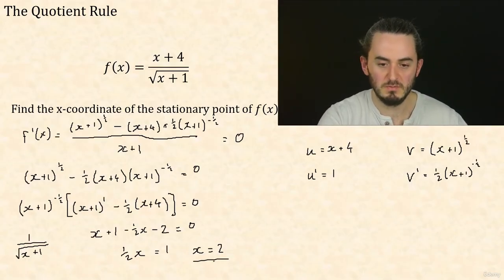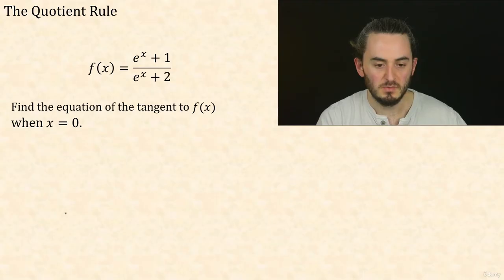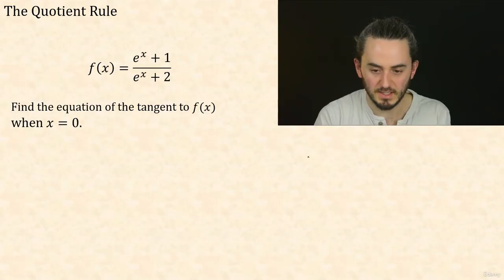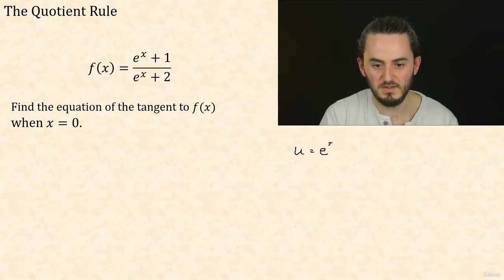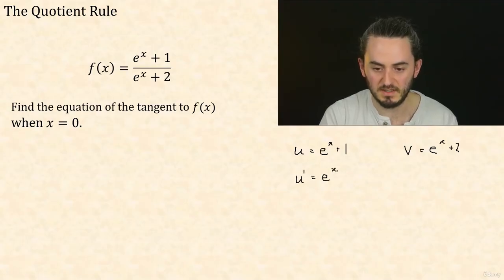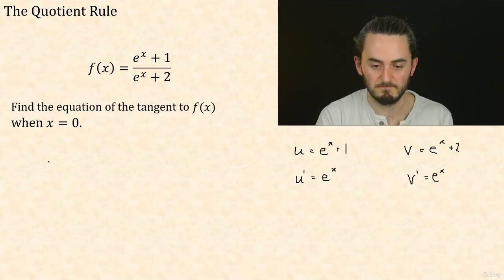All right, one more. We're going to find the equation of the tangent to f(x) when x is 0. And here's our function. So that is a funky looking function. u is e^x + 1 and v is e^x + 2. That means that u dash is just e^x and v dash is also just e^x.